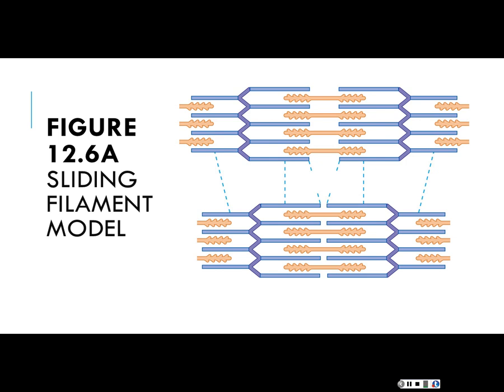And how the filaments slide past one another. They slide past one another. They don't jumble up or accordion. Maybe that's another way to say it. The thin and thick filaments slide past one another. They don't shorten. The whole thing doesn't shorten.